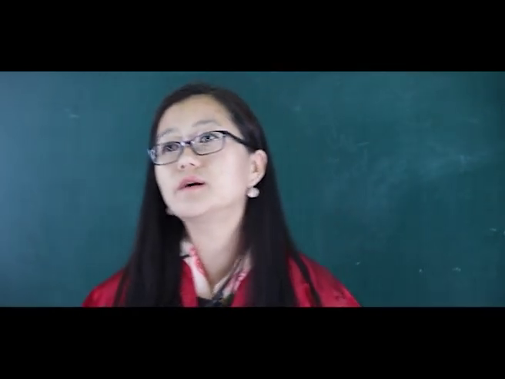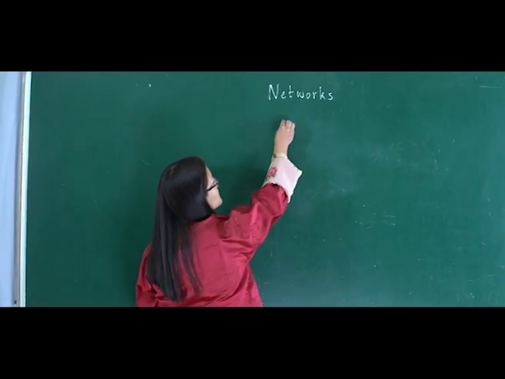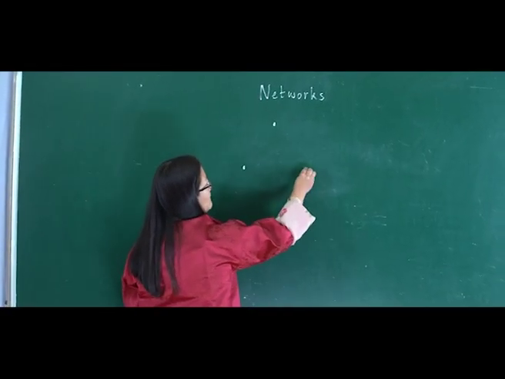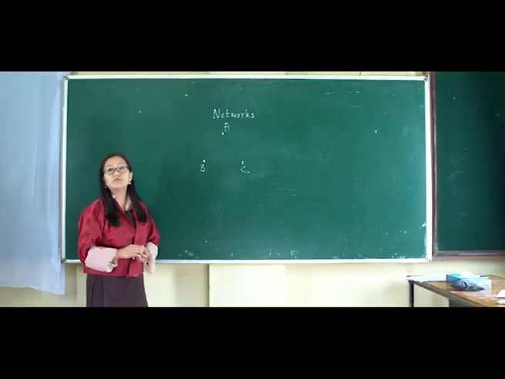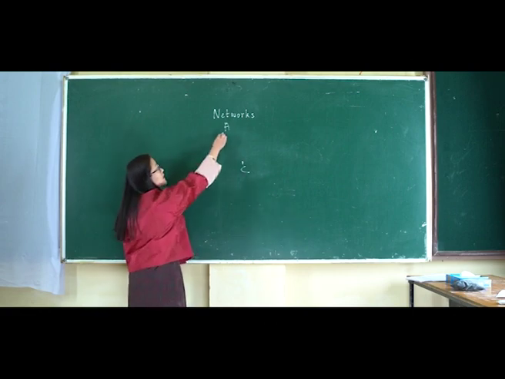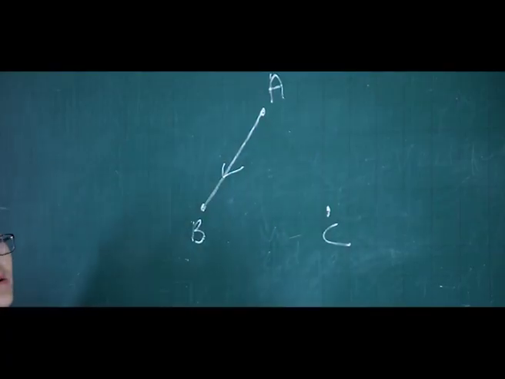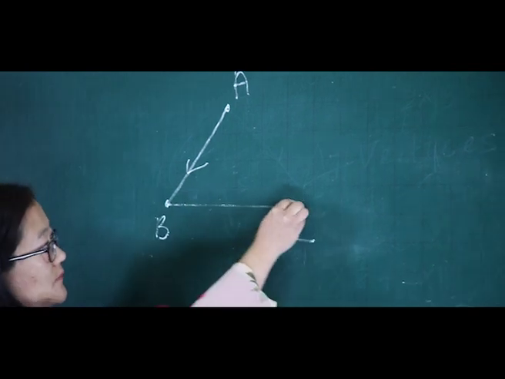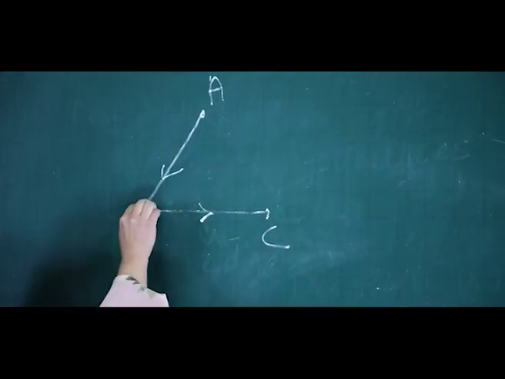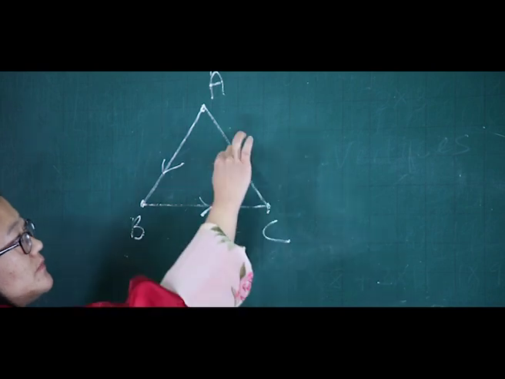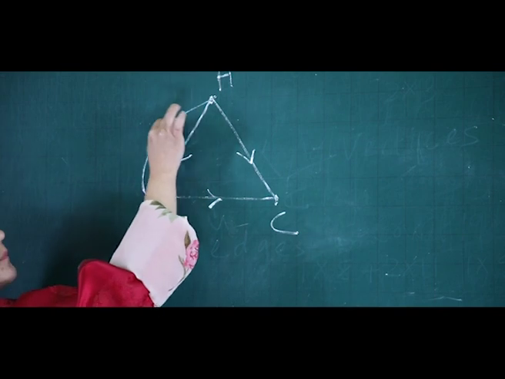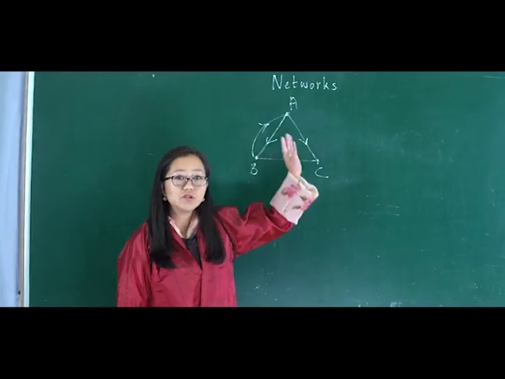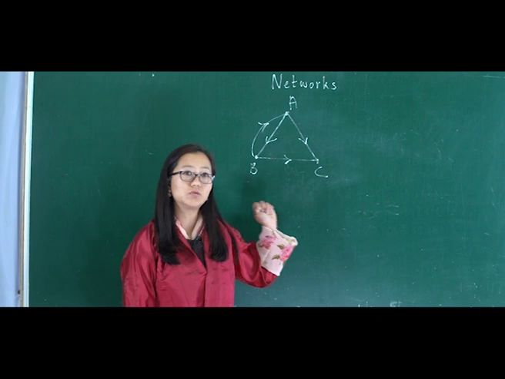Now when I say network, if I choose an example of a destination, let's say we have destinations A, B and C. And then we have a route from the place A to B. Then we also have a route from B to C. Then let's say we have a route from A to C as well. Then let's say we have a route from B to A. So the representation that I have here is called a network.